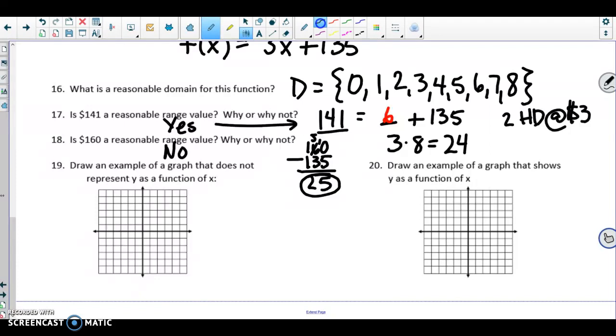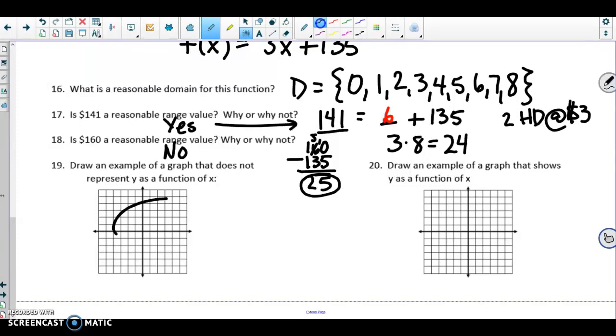Okay? All right, and just to finish up real quick, draw an example of a graph that does not represent y as a function of x. There are all sorts of graphs out there. We showed several on Monday's warm-up, or when we were going over some things before the task activity. But one of the things that you might do is draw a circle because it would hit more than once.